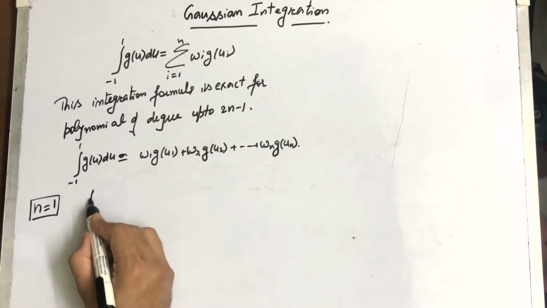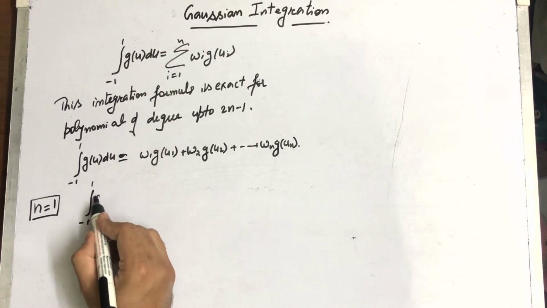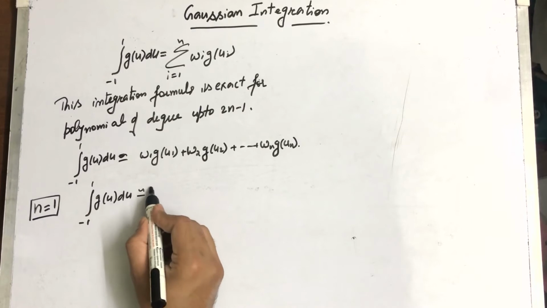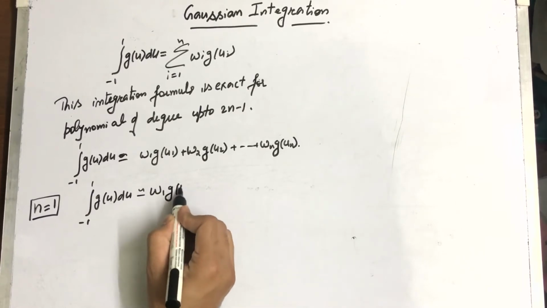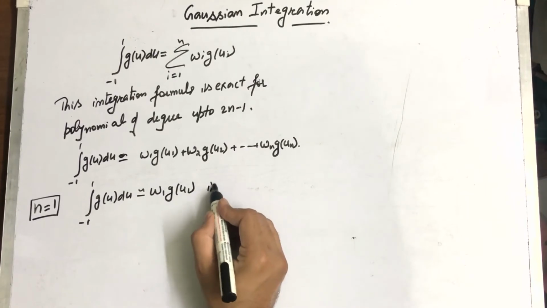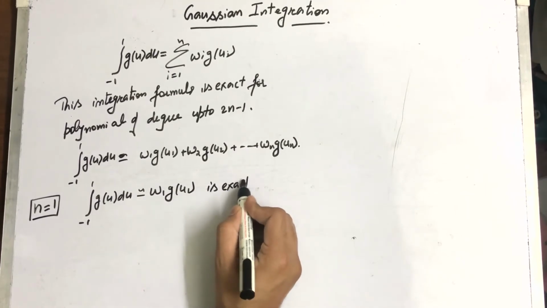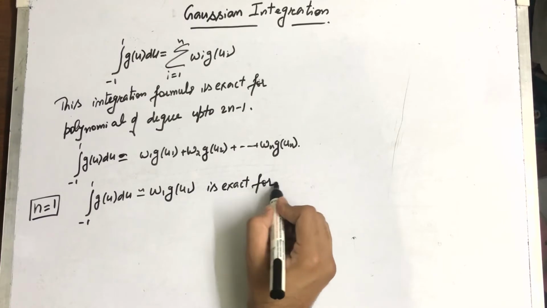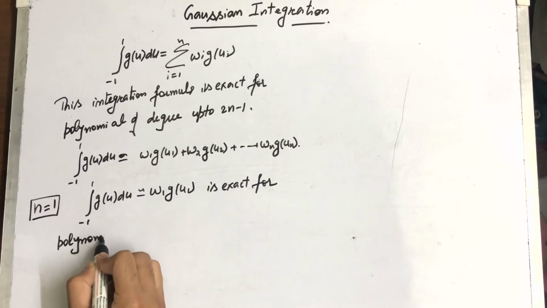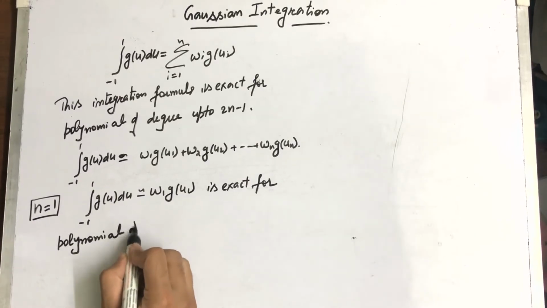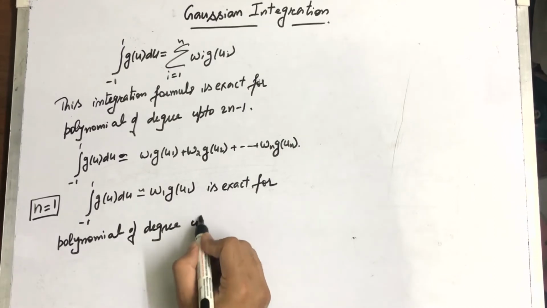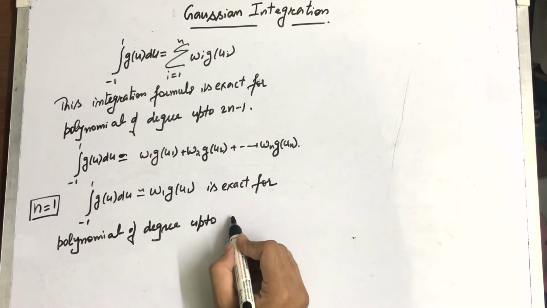For n is equal to 1, the formula becomes the integral from -1 to 1 of g(u) du approximated by w1 g(u1), which is exact for polynomials of degree up to 2n minus 1.